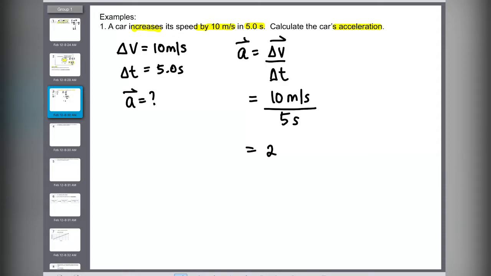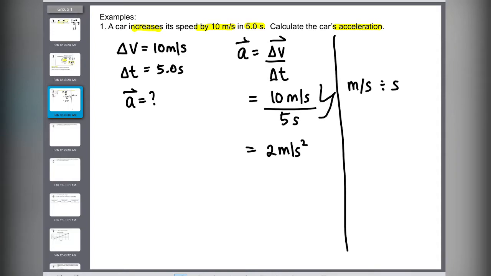And the unit we already talked about. A lot of you will just say it's meters because it looks like S is at the top and S is at the bottom, and you cancel it. You are not allowed to cancel it. This one is meters per second squared, and I'm going to explain why. We're going to go back to math. I know some of you don't like math, but I need you to understand this, because some of you are going to cancel it, and you can't do that. Let's undo this: meters per second divided by second.